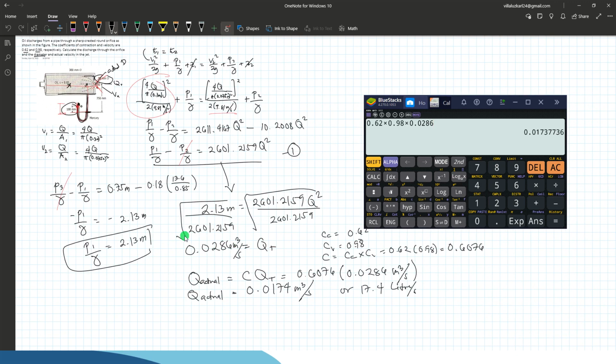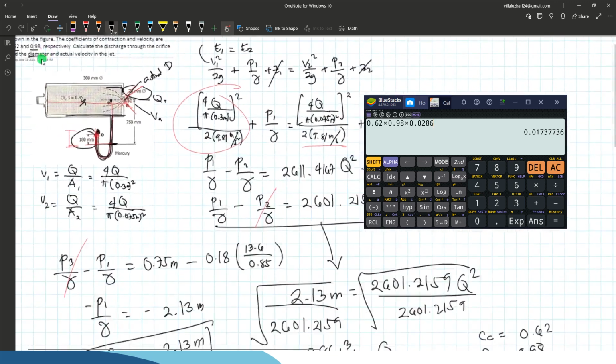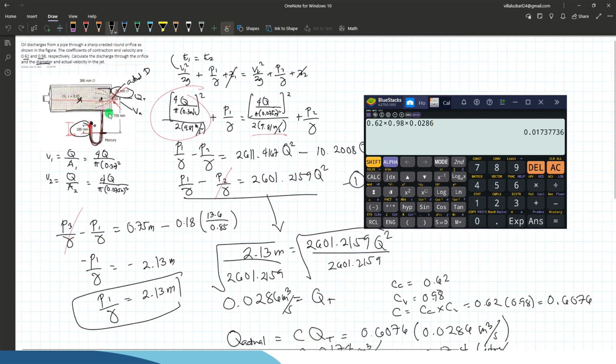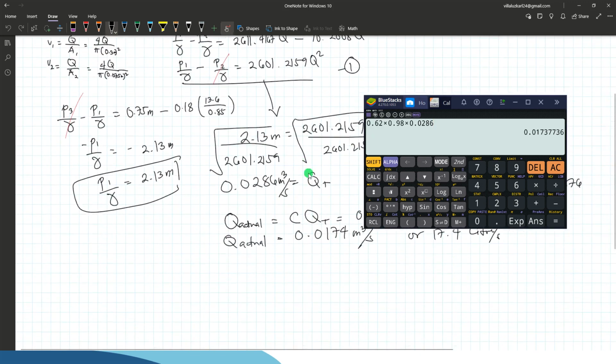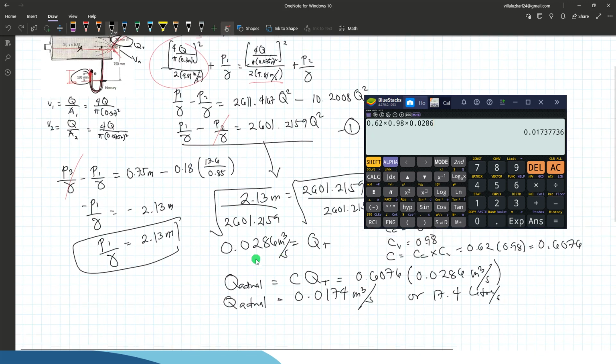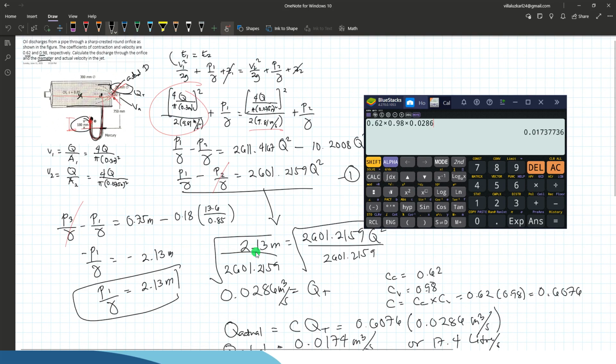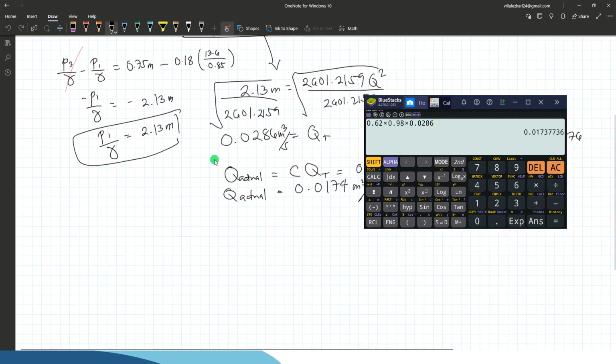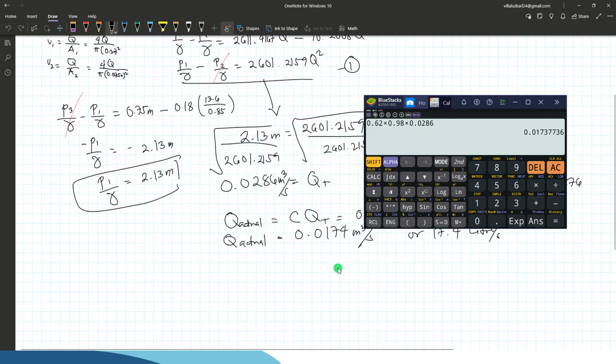The other required quantities are the actual diameter. If the diameter of the opening is 75 mm, the actual diameter of the liquid flowing out of this orifice can be computed using the coefficient of contraction.